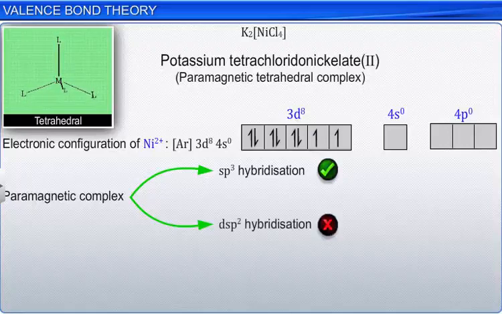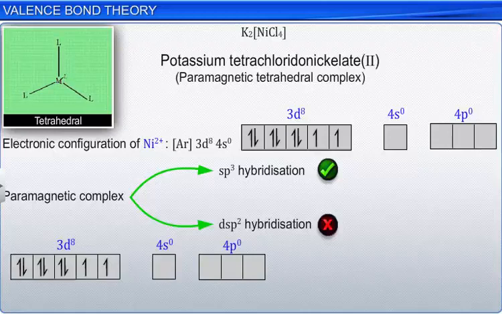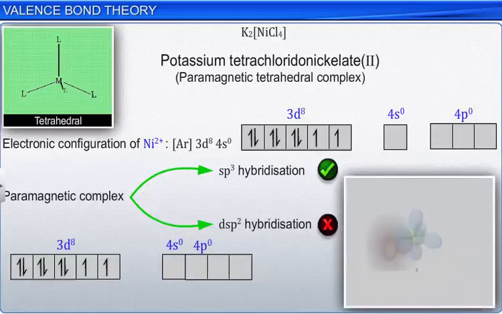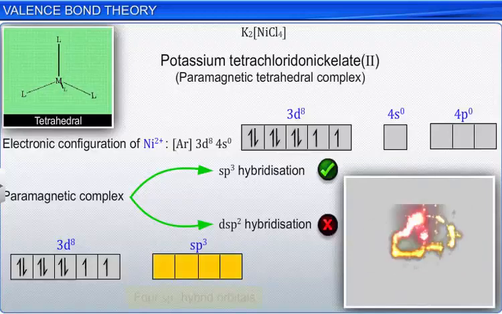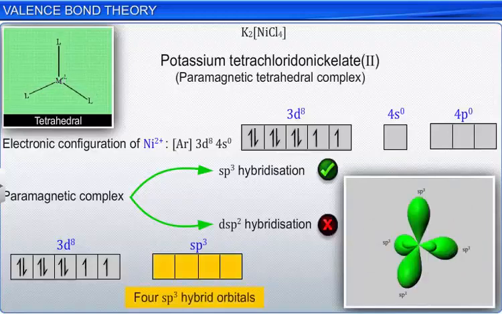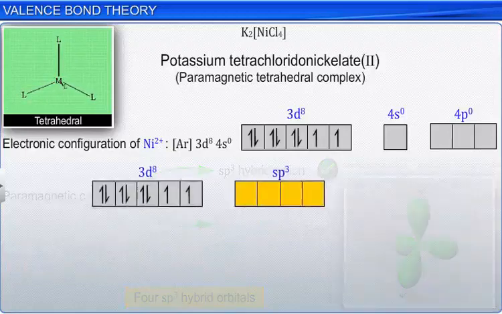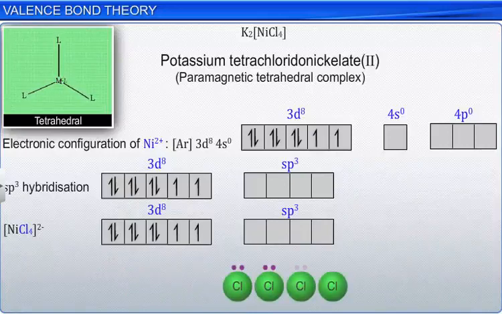Thus, the 4s and 4p orbitals hybridize together to give a set of 4 sp3 hybrid orbitals. The 4 electron pairs donated by the 4 ligands are accommodated in the hybrid orbitals. Hence, the given complex assumes tetrahedral geometry.